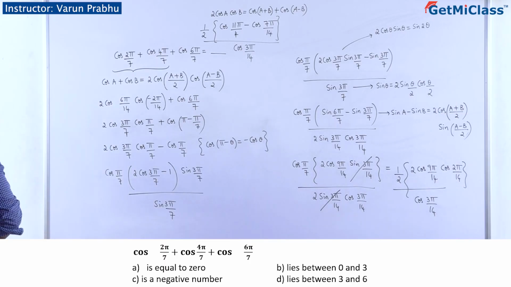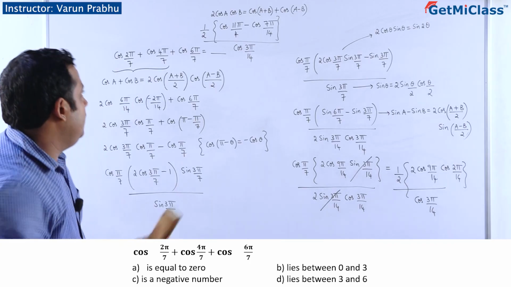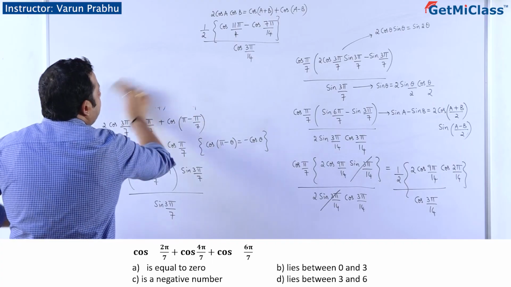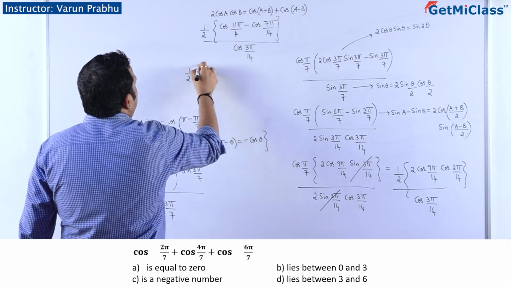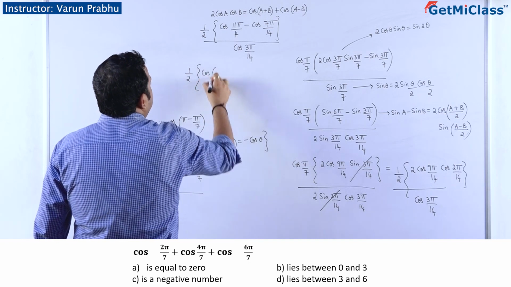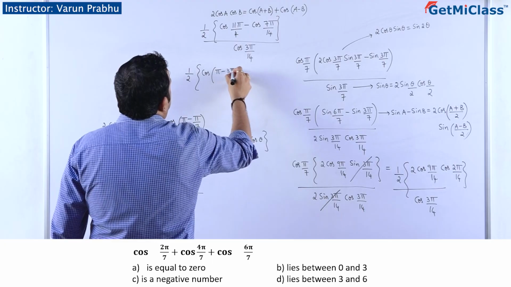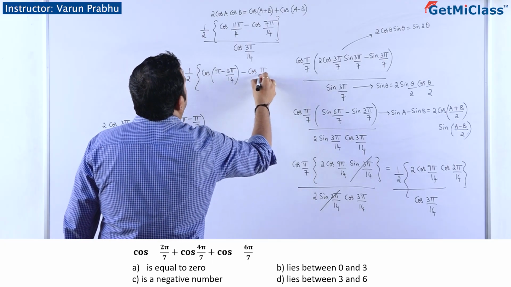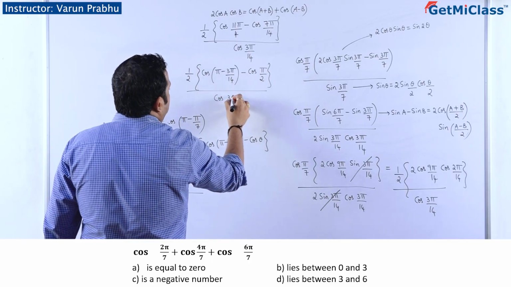So now if we see this, I'll rub this part so that you understand correctly. So if you see here, what is this answer that we get? Half times cos 11 pi by 14 can be written as cos of pi minus 3 pi divided by 14, right? 3 pi by 14 minus cos of pi divided by 2, whole divided by cos of 3 pi by 14.